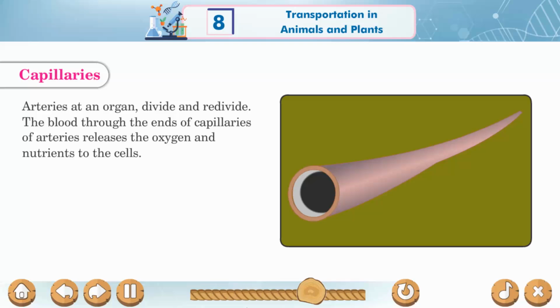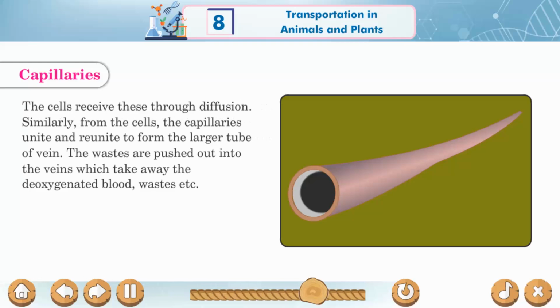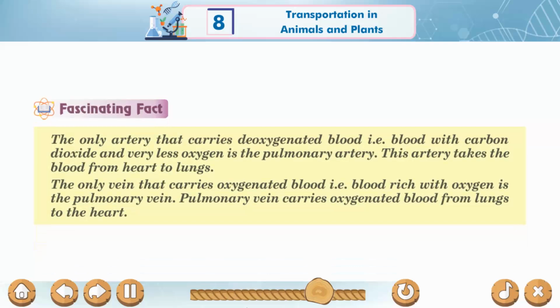The blood through the ends of capillaries of arteries release the oxygen and nutrients to the cells. The cells receive these through diffusion. Similarly, from the cells, the capillaries unite and reunite to form the larger tube of vein. The wastes are pushed out into the veins which take away the deoxygenated blood, wastes, etc.